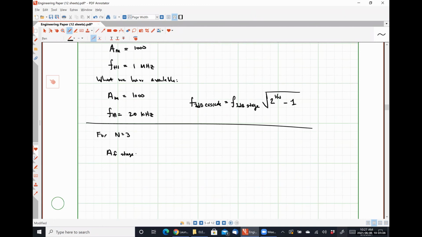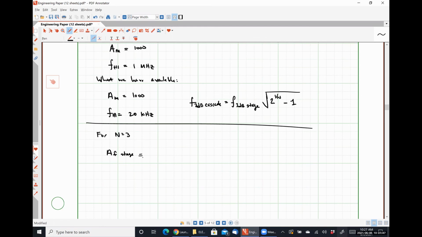our gain with feedback per stage. How might we go about figuring that out? Not a trick question, okay? So we have 3 stages cascaded together, right? And we know that the overall gain of this system needs to be 1000.